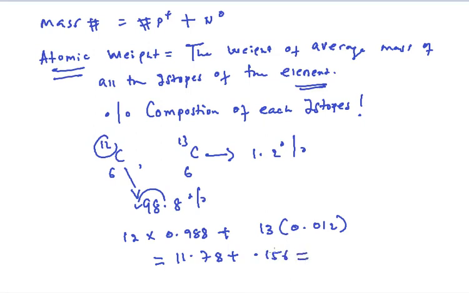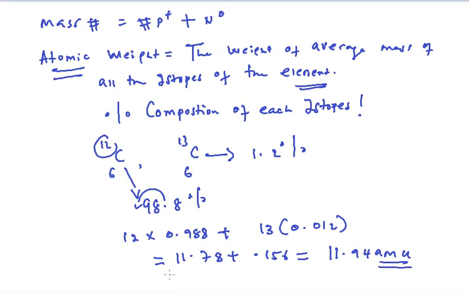Now if you add them up, 11.86 plus 0.156, it gives you about 12.01 AMU.